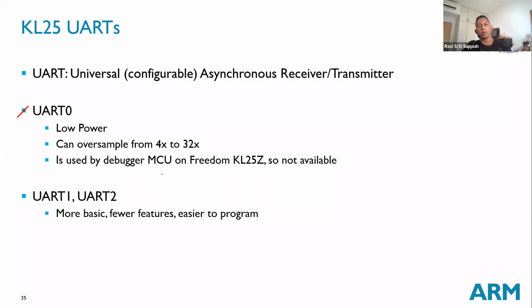When you connect your USB cable to download your code, you're actually using UART 0 already. So UART 0 is not available, because you are using that to download the code. UART 1 and UART 2 are the ones that are available. Even though they have slightly fewer features, the basic serial functionality is there, and that is all that we need.